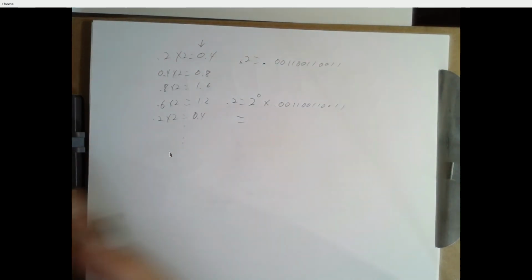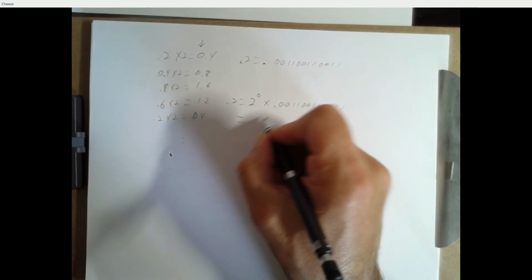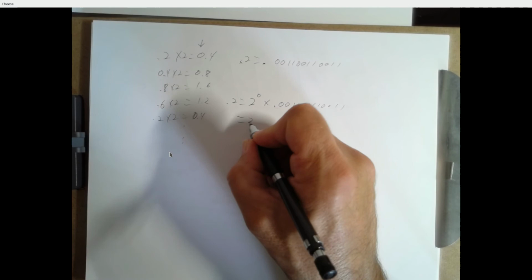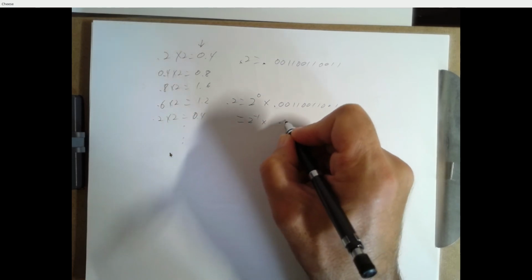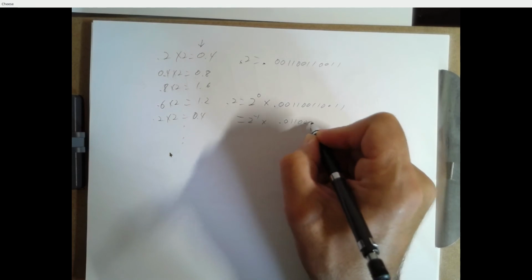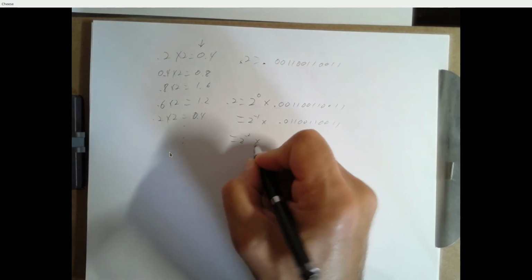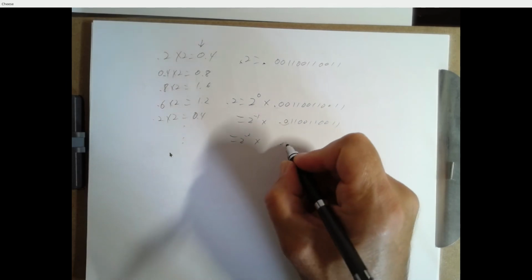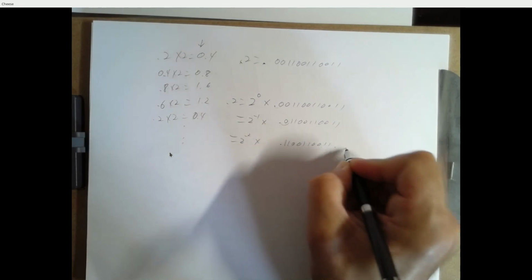And now we're just moving decimal points or radix points. If we move this over one spot, right, to double this, we have to decrease our exponent. So it's 2 to the minus 1 times 0.01100110011. We can move it again and bring this point over here. So it's 0.1100110011.